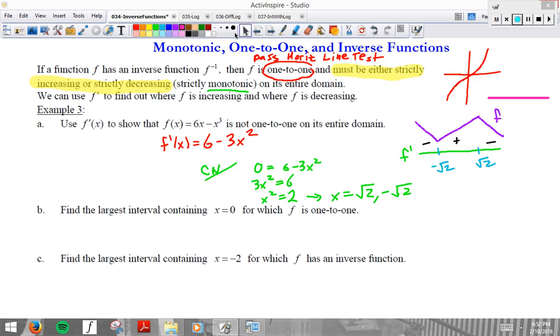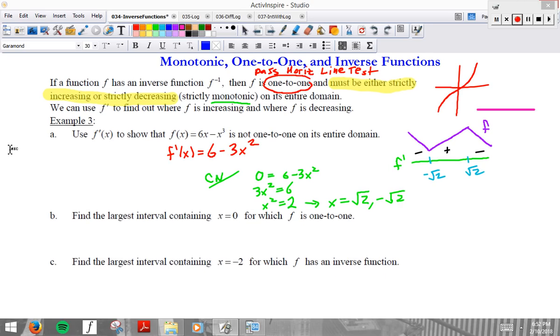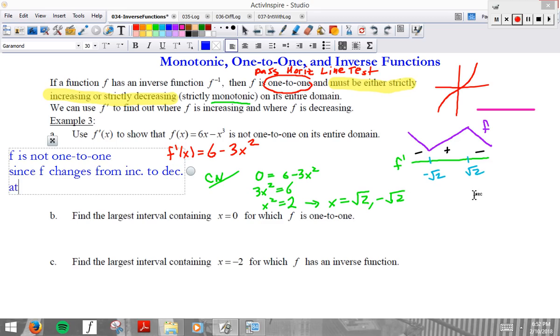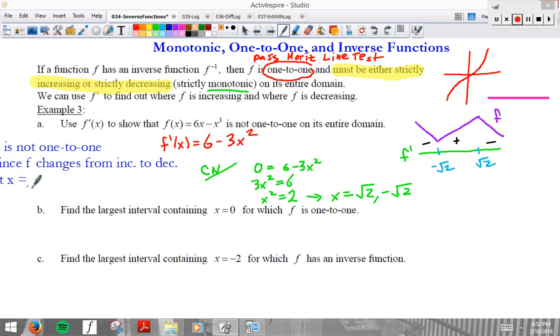How would I write about my ideas? How would I write this down? I would say f is not 1 to 1 since f changes from increasing to decreasing at x equals, I'm going to write this, positive root 2.